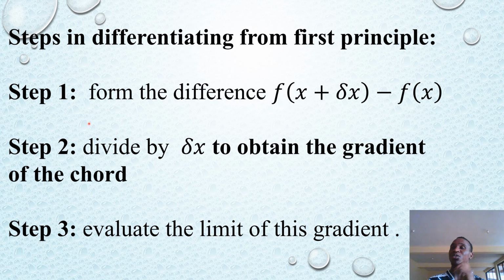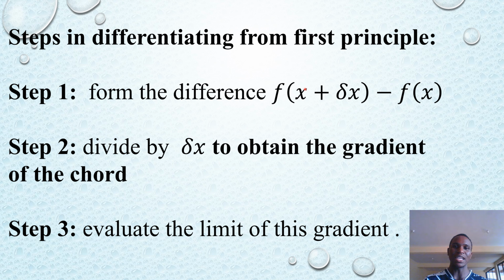If you cannot remember the formula, that's f prime of x equals the limit as delta x tends to 0 of the ratio delta y on delta x, which we say is equal to the limit as delta x tends to 0 of f of x plus delta x minus f of x, divided by x plus delta x minus x.